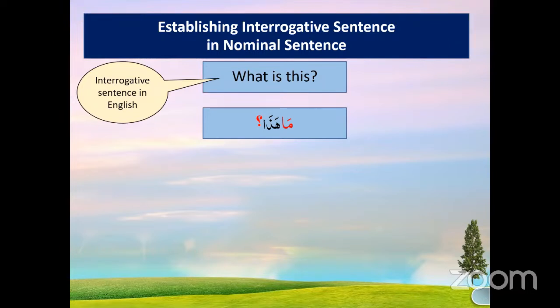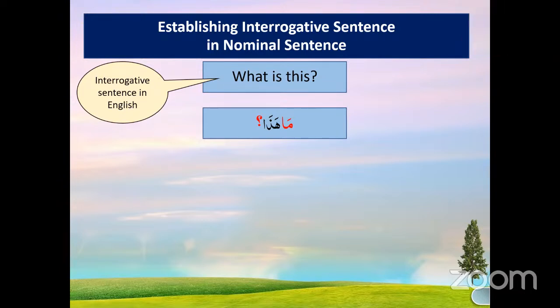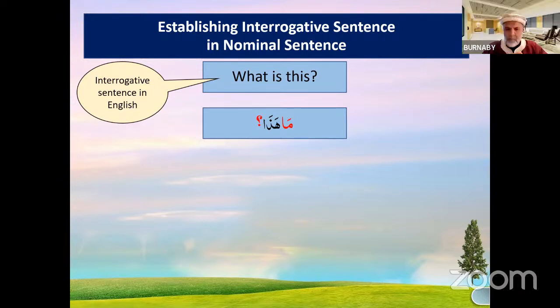So over here, Ma haza is a sentence, because it means "what is this?" It's a question. But now our mind will kick in with our regular understanding of the nominal sentence, that there is supposed to be a mubtada, there is supposed to be a khabar, and there is supposed to be a mutalliq khabar.